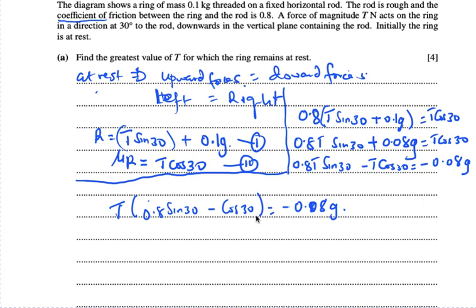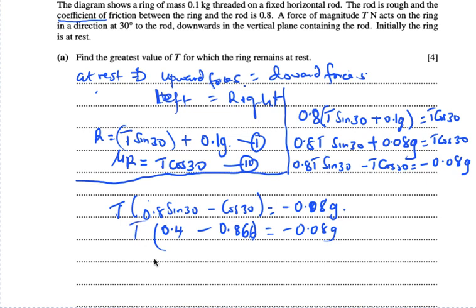We start with the left: sine 30 is 0.5, times 0.8 gives 0.4, and cos 30 is 0.866. We're just simplifying to get T.